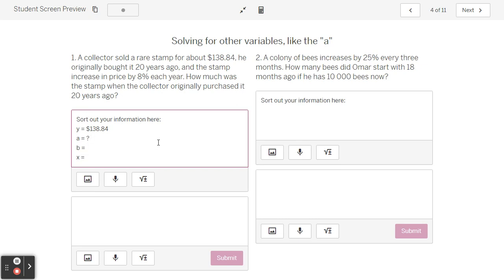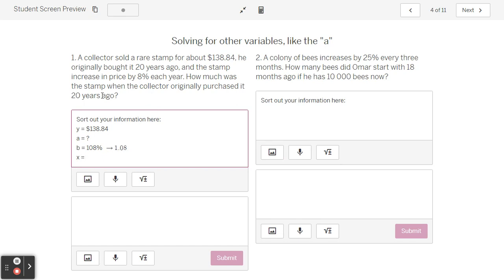Next, our growth factor. We know that the price is increasing, so it's 108% each year. 108% as a decimal is 1.08. And finally, our x is the number of years.